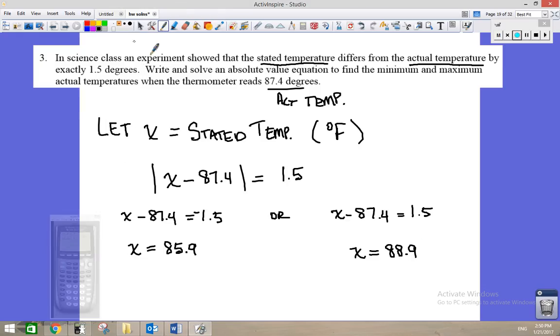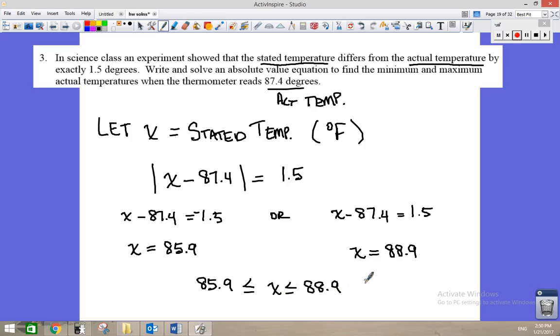So I believe that 85.9 is less than or equal to x less than or equal to 88.9, and if we called it Fahrenheit, but it could actually be some other units of temperature, but it did say degrees, so I'm just assuming degrees Fahrenheit.